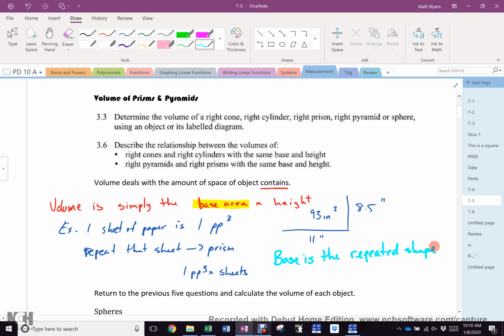All right? So in this case, it's a rectangle, yes? So to find the base area, I would do length times width, wouldn't I? Everyone agree? Okay.